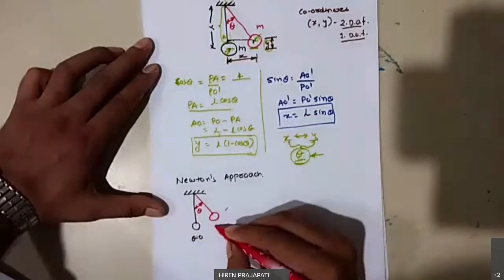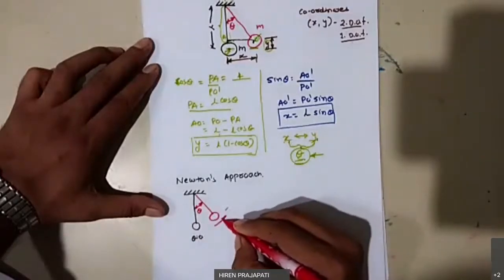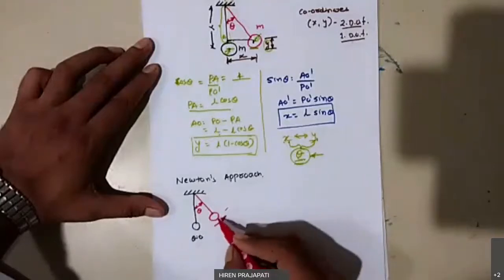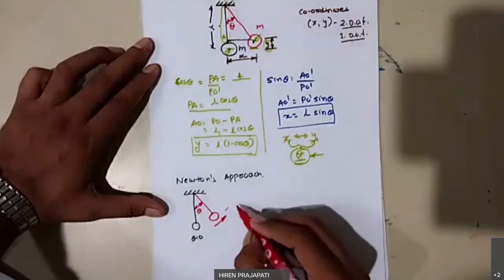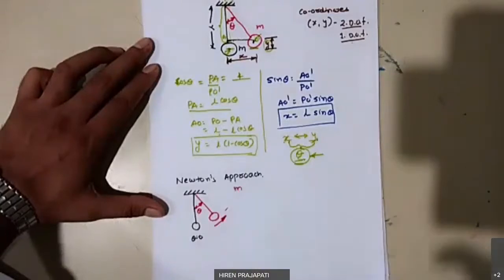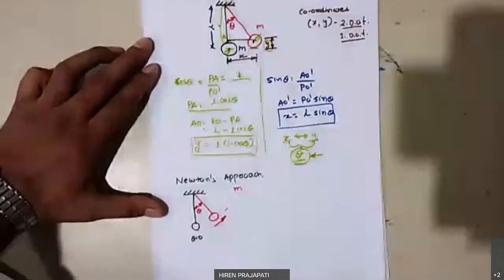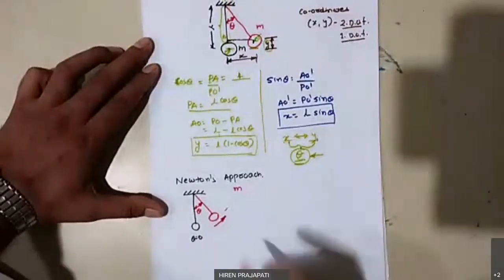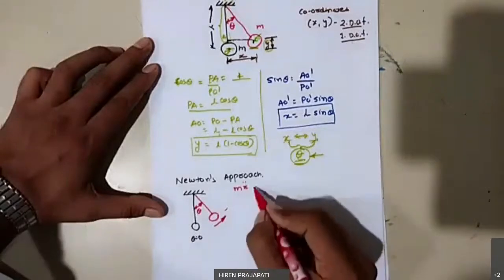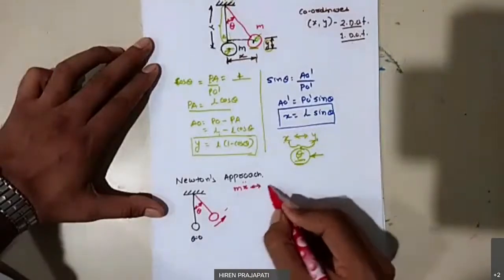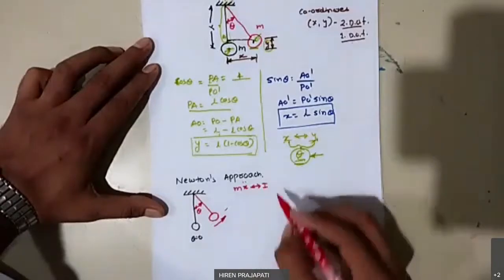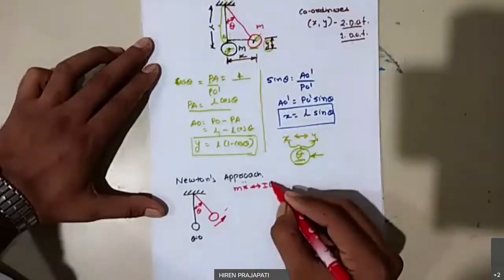As in the case of the torsional rotor system we have discussed, for a linear system, the inertial force is defined as m x double dot. In a rotating system, m is replaced by I, the mass moment of inertia, and x is replaced by the theta coordinate.